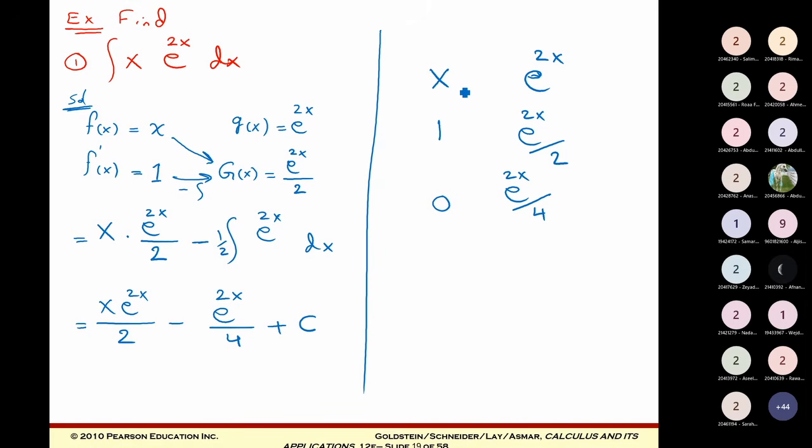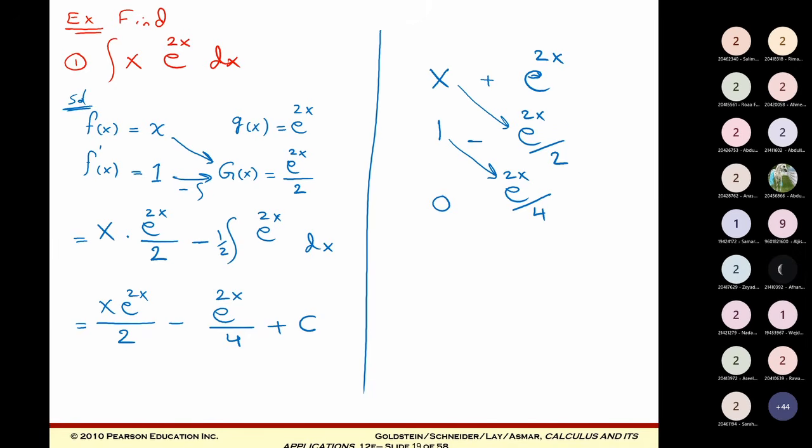Now, multiply the first one with the second one in the second column, like this. The first one with the next in the second column. The first one must be positive, then negative.